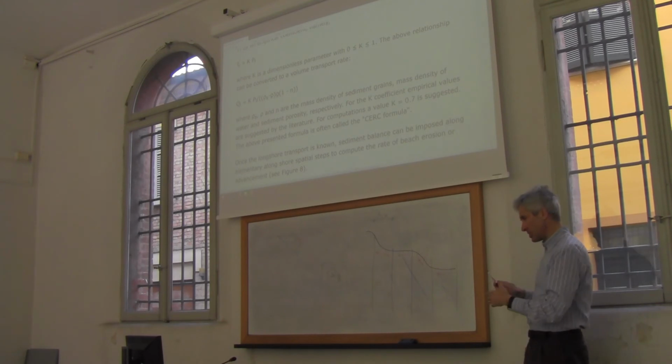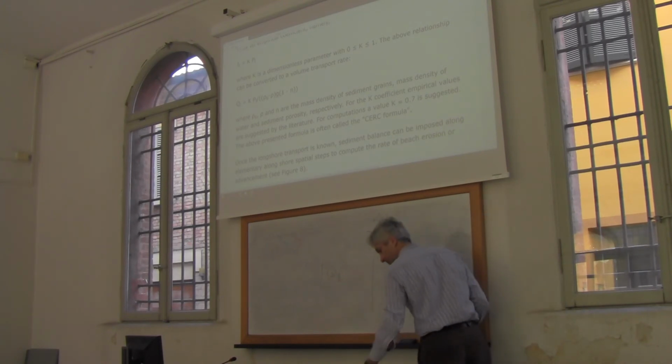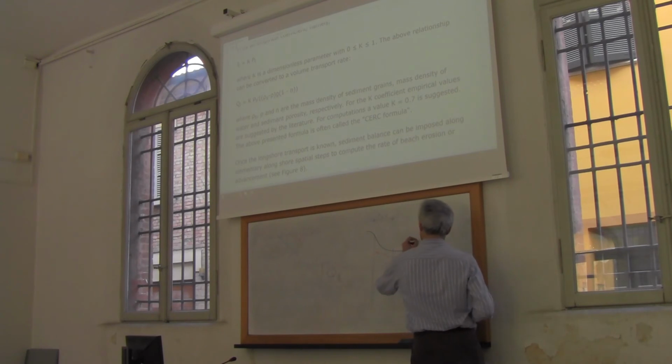So basically for each delta x, you compute a sediment transport rate, and it may happen that here you have a big rate, meaning that the waves are eroding quite a lot. Here, the waves don't erode much. And therefore, if they don't erode much, it means that they have less energy to erode. And therefore, here you have accretion, because you have deposition of sediment.